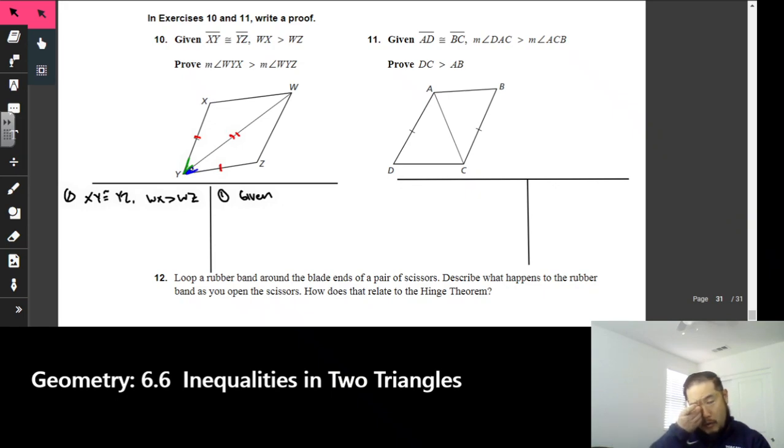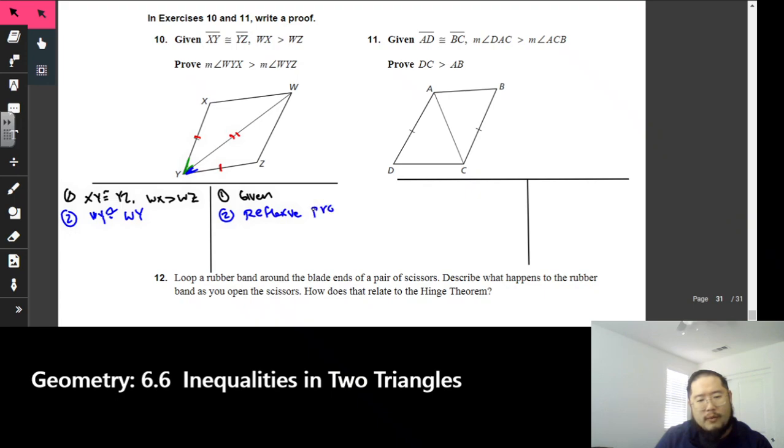So we're trying to figure out, well, how can we prove that WYX is greater than WYZ? So what else do we know here? What else can we figure out? Let's also remember right here that number 2, we have WY is congruent to WY, reflexive property.